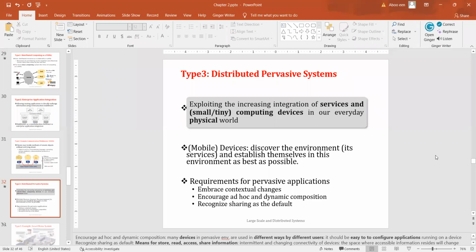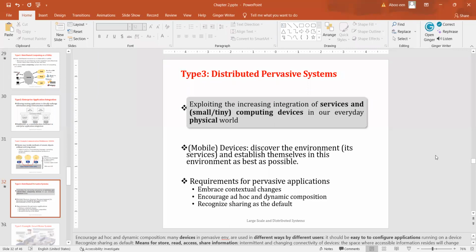So mobile devices and smart devices discover the environment and its services, and establish themselves in this environment as best as possible. Like these days, most people are using smartphones to interact with other connected devices and sensor devices, IoT devices.